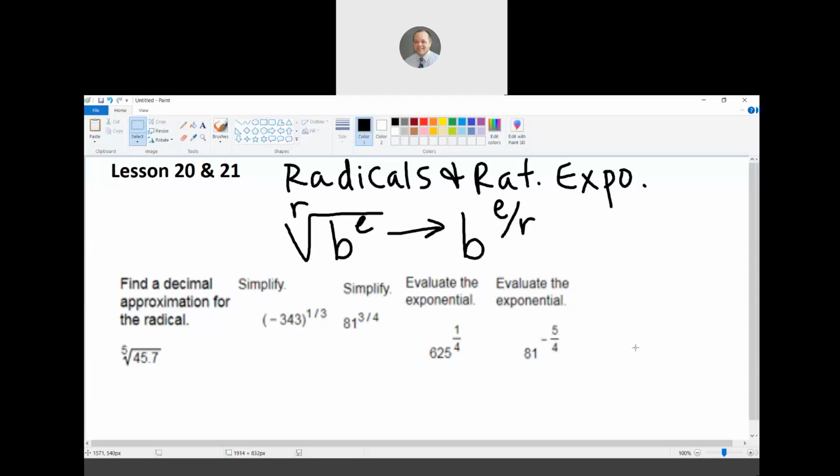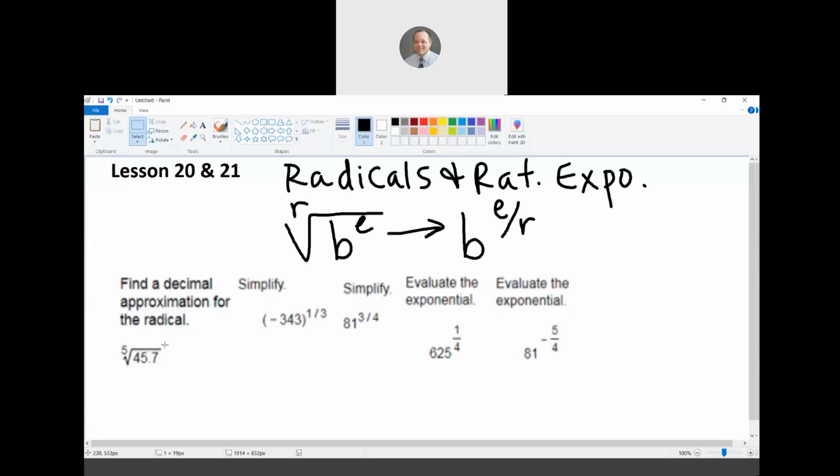It's up to you. The first question says find a decimal approximation for the radical. We do not have a fifth root button on our calculator, so we have to convert this to something where we can put it in our calculator. So let's change this to a rational exponent form.